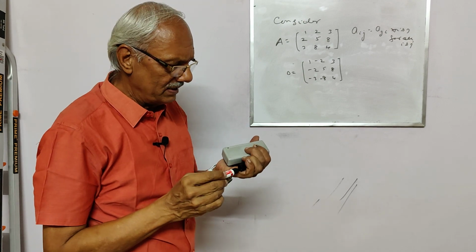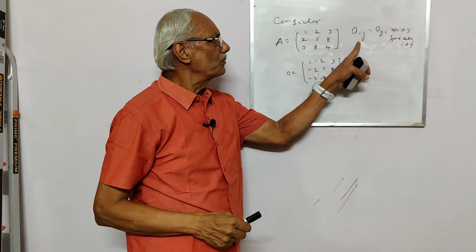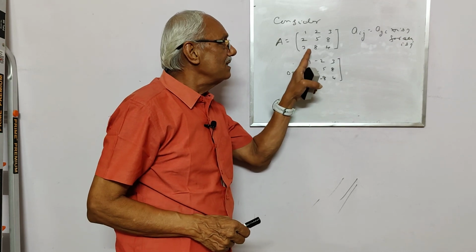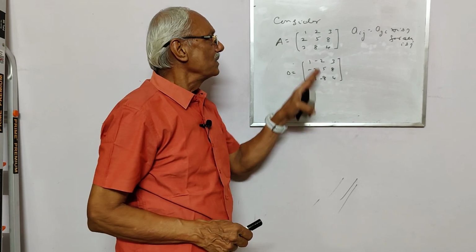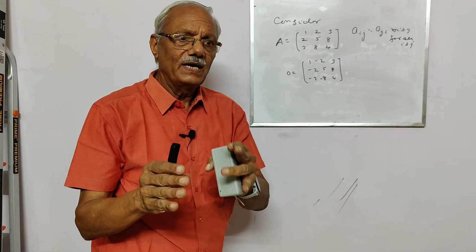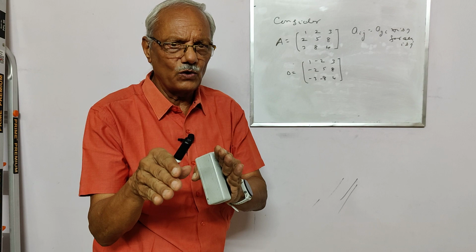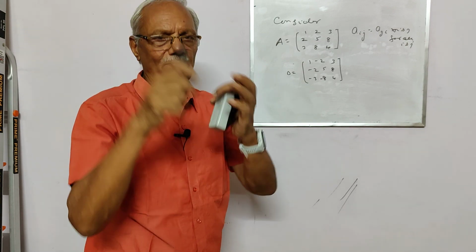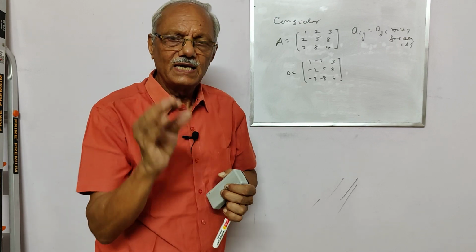So what is it you find here? You find that this property of Aij is equal to Aji holds in this A matrix. Such a matrix where this property holds good, we say that A is a symmetric matrix. So what is a symmetric matrix?